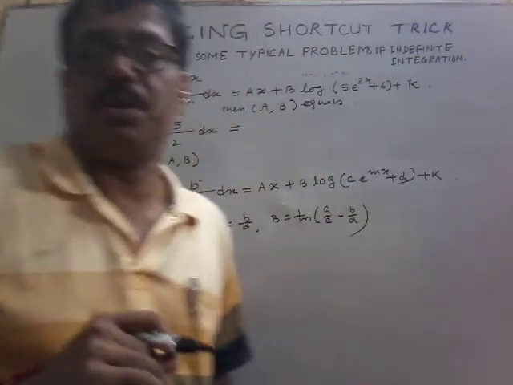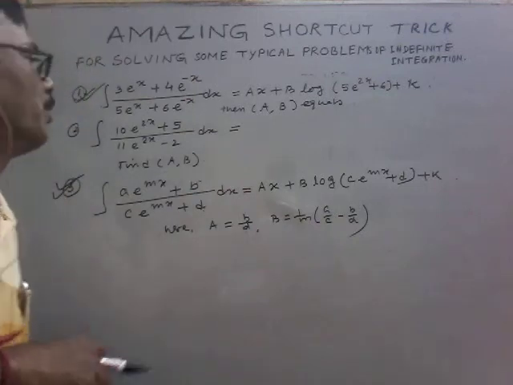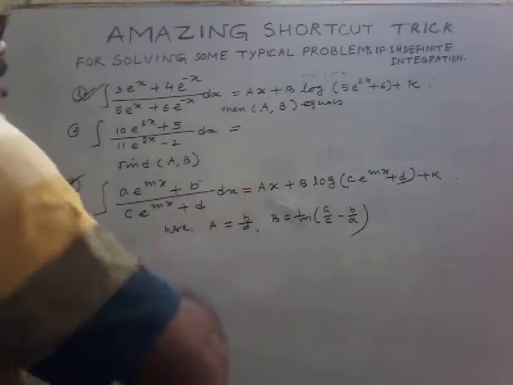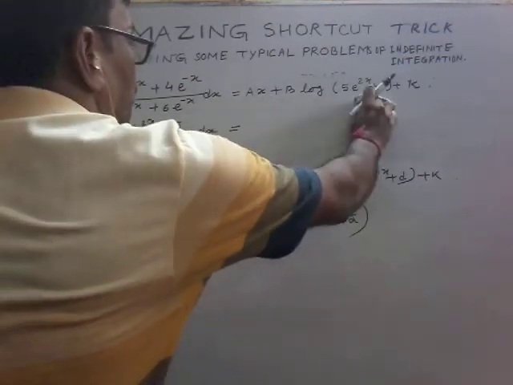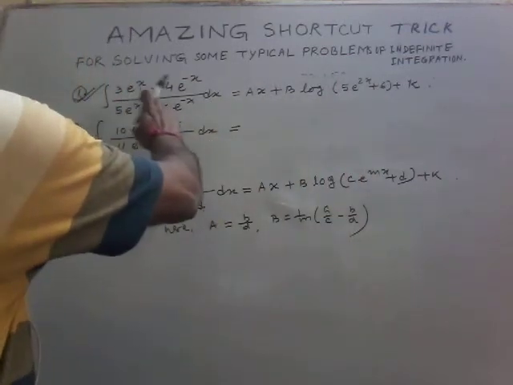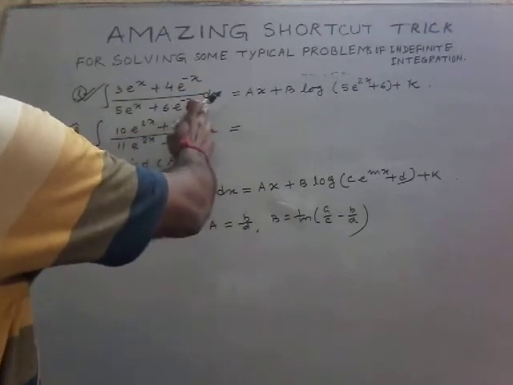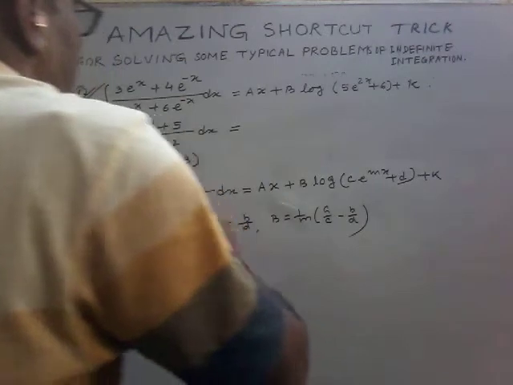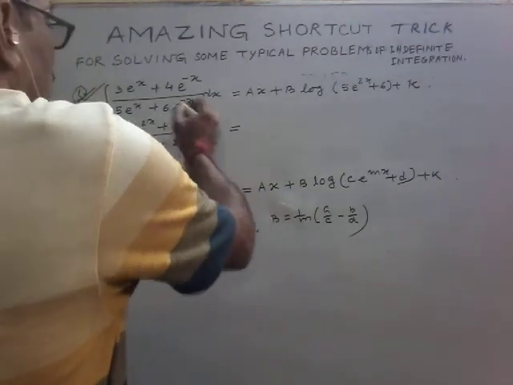So look, problem number 1. This equals 3e^x + 4e^(-x) over this denominator, so we can write it in this form.